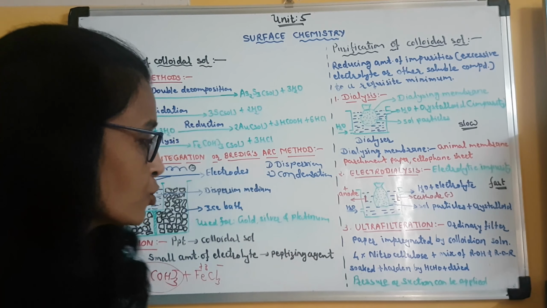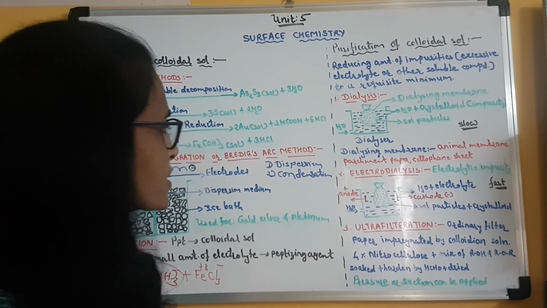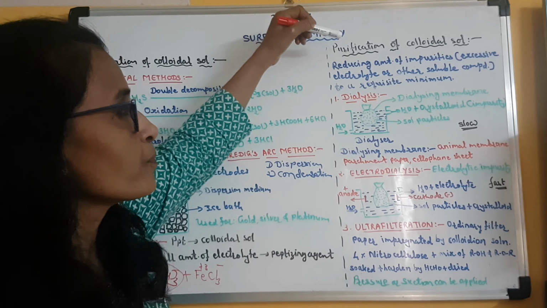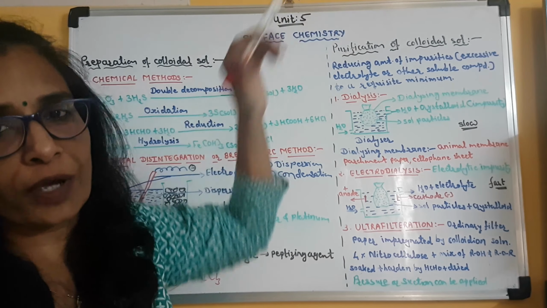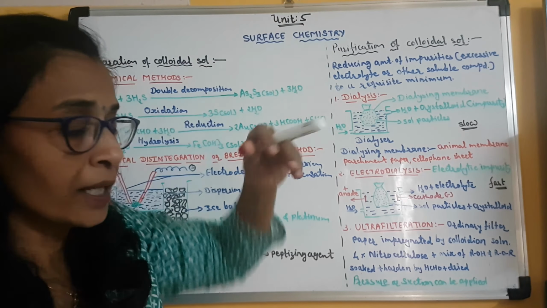So if an excessive amount of electrolyte or some other soluble impurities are present in the sol, it is always necessary to purify the sol. What is purification of sol? Purification of sol is to reduce the amount of impurity to a certain requisite minimum.